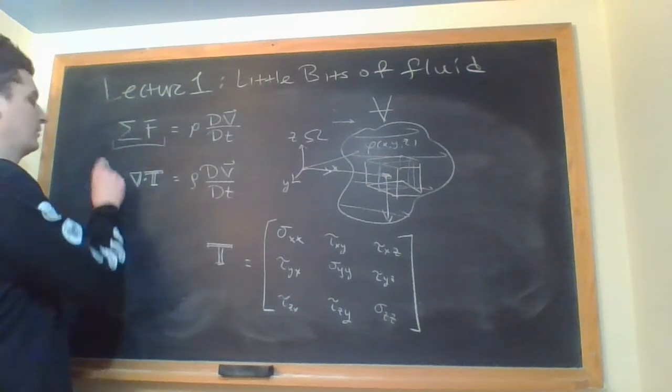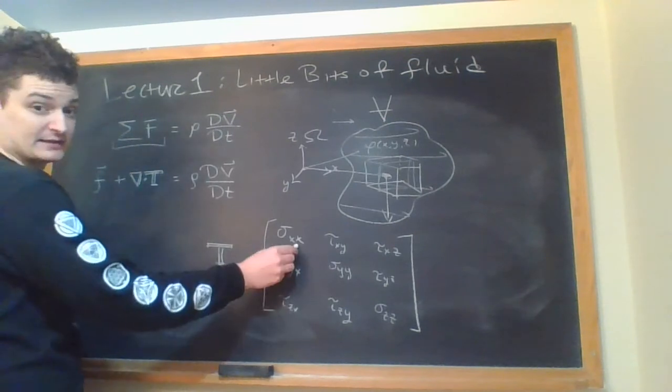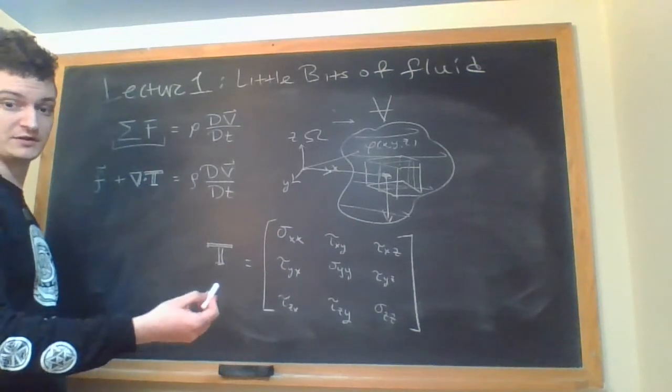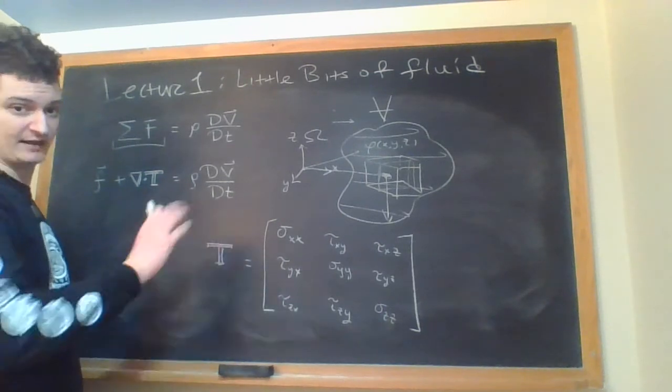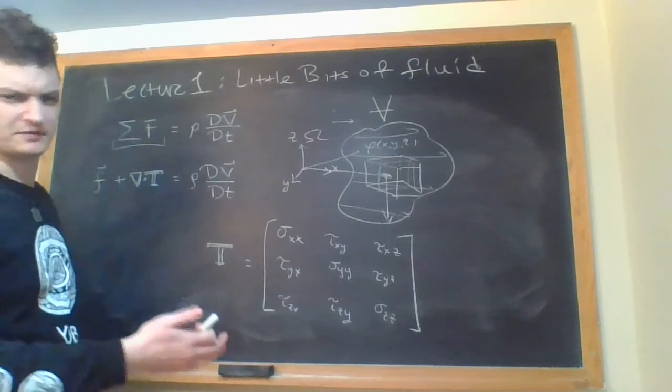So you tell me body forces, you tell me things about the stress tensor, and I will prescribe the motion of the entire fluid field for you. And that's exactly what all fluid equations are getting at. They're Cauchy stress tensor equations.